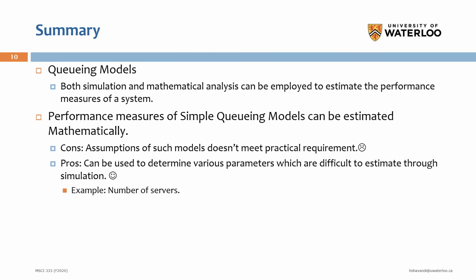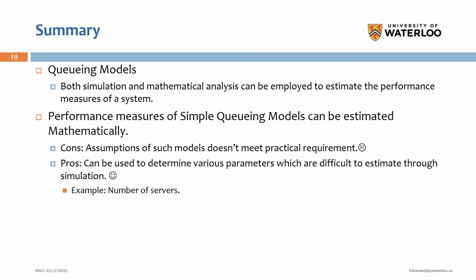Usually we don't have these assumptions in the real world, but we can use these simplified models with certain assumptions in order to obtain approximations about the actual system, and we can use the approximated values obtained by these queuing models to verify and validate the simulation model.